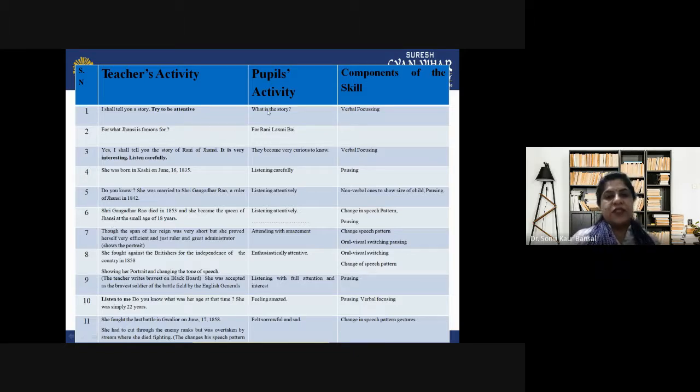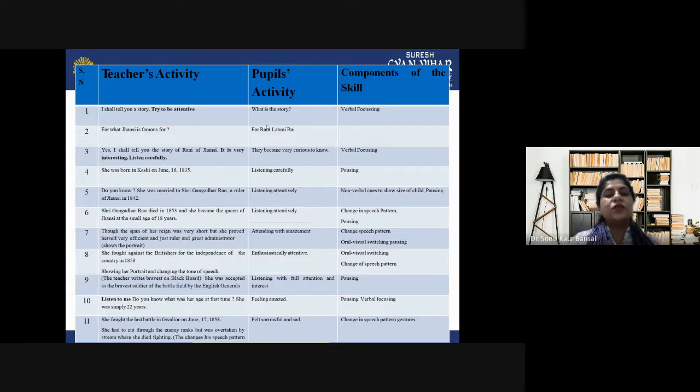And pupil's activity: what is the story? Maybe they are thinking and maybe they are asking, what is Jhansi famous for? Rani Lakshmi Bai. There are many questions which give various ideas of covering the components of this skill.